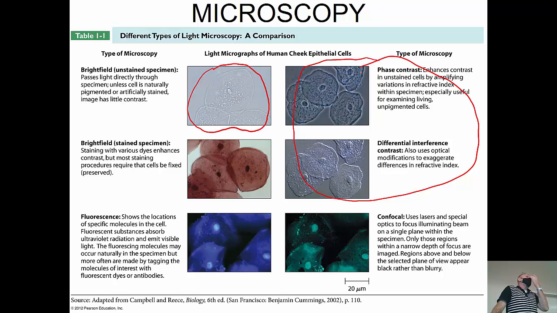We're not going to spend a lot of time on them, but I'll briefly describe how these work. When light moves through a sample, if we're looking directly at that light, as in the top left corner, you can't see many features of the image because not a lot of that light is absorbed. We can increase that through staining.